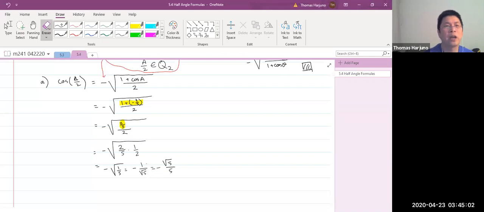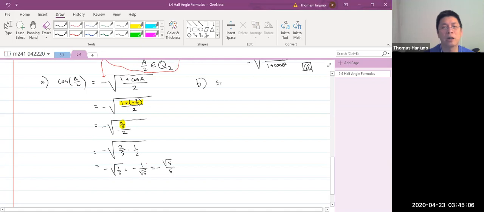Now, can I ask you to try doing part B? What is sine a over 2? Now, the formula should be plus minus square root of 1 minus cosine a over 2.